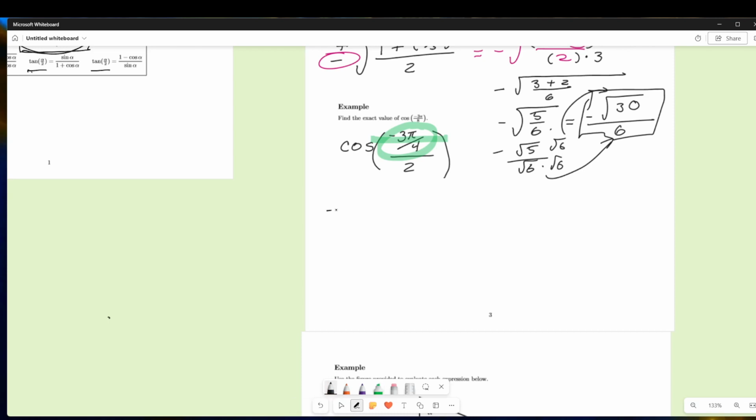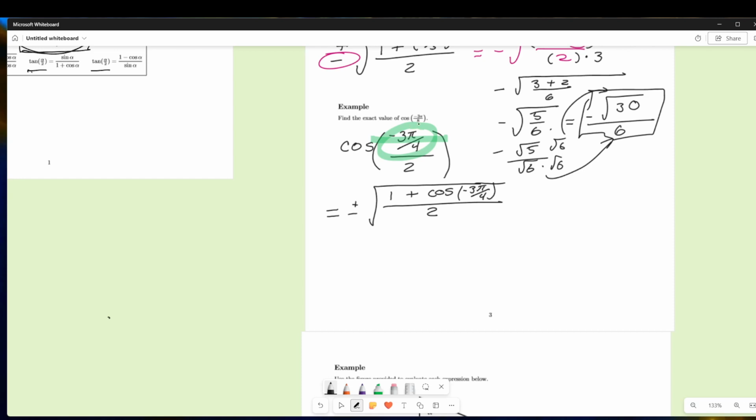Thus, this is going to equal either plus or minus, and we'll figure out which one in a second, the square root of 1 plus the cosine of that theta, negative 3 pi over 4. We'll have to figure out what that is in a second, over 2. Now, is it positive or is it negative?